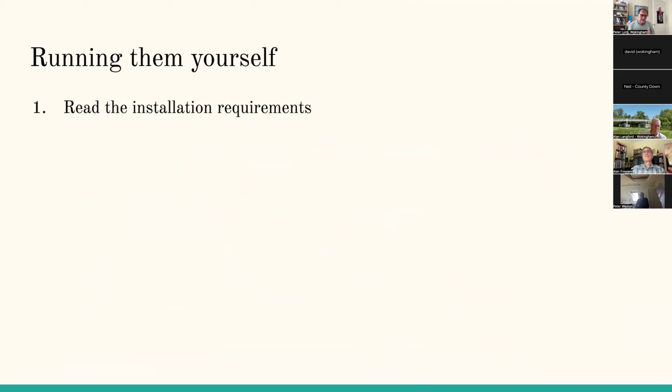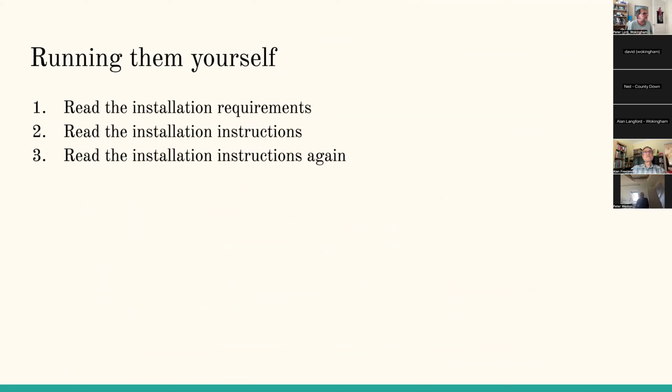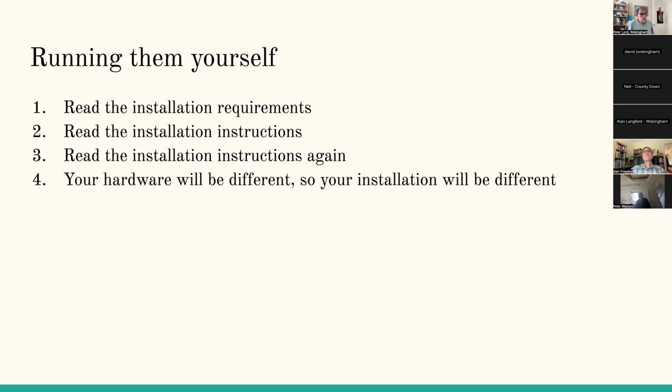Generally the installation requirements and instructions are pretty clear, but just make sure you read them. And I'm going to say it again, read the instructions. We are in the business here of the bleeding edge of running stuff on your desktop. Your hardware will be different, so your installation may be different to what I'm doing.